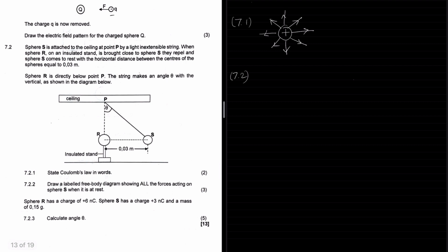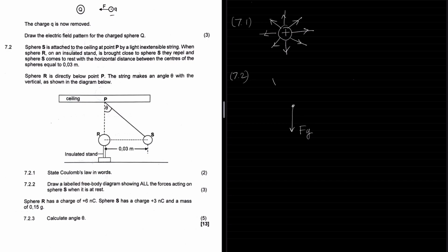Again, we'll leave out the definitions for now and we'll just move on to 7.2.2. Draw a labeled free body diagram showing all the forces acting on sphere S when it is at rest. So sphere S has a mass, so it's going to experience gravity, so Fg points down. Then it's attached to a rope, so it's going to have tension.